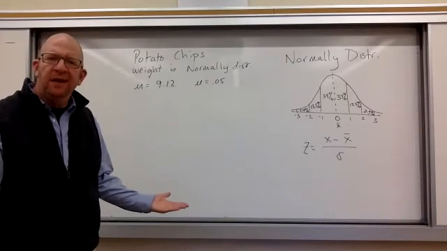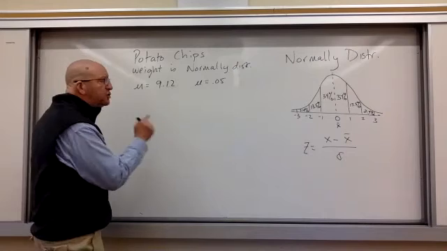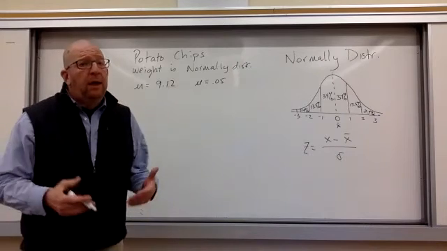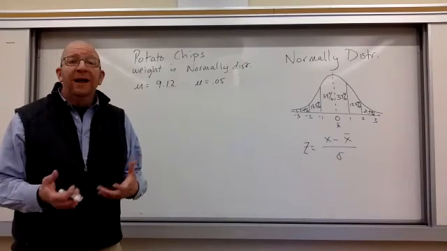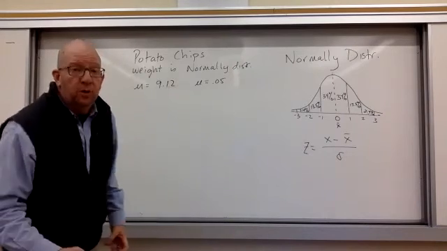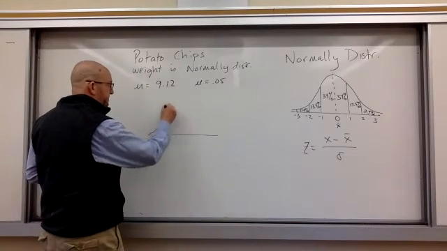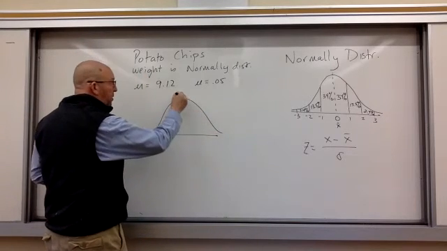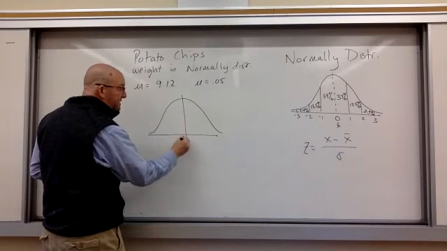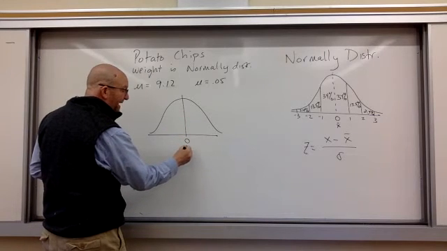So what does that mean? Well, let's draw a normal curve. Now, for the next week or so, you are going to have to get really good at drawing these normal curves. So we're going to draw the normal curve. We're going to put our mean here. We know that's 0, and that corresponds to 9.12.